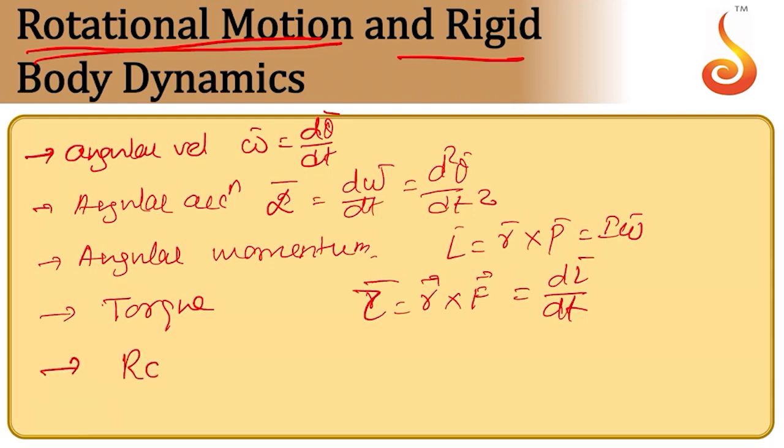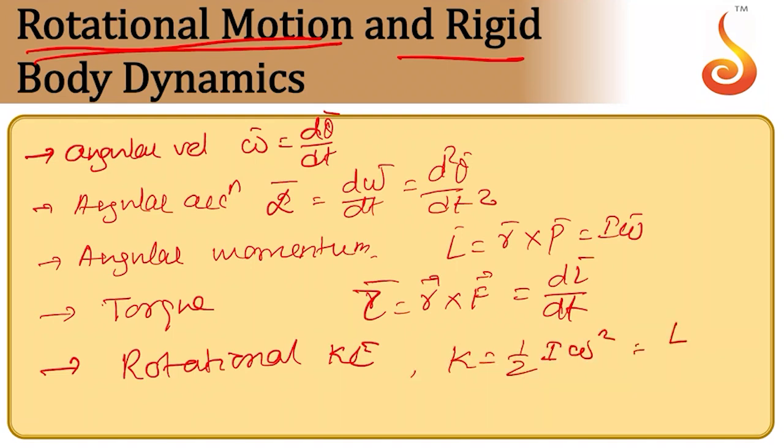And the rotational kinetic energy is given by K is equal to half I omega square. In terms of angular momentum, this is given by L square divided by 2I.